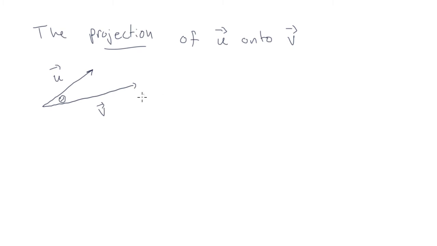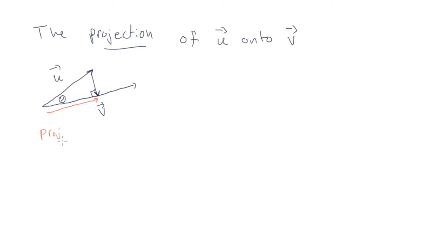then what I want to imagine, this projection, is if I took a light up here and shone it down on u, then wherever the shadow would land onto v, where it makes a right angle right there, so this vector right here, basically the part of u that lies in the direction of v, is called the projection.